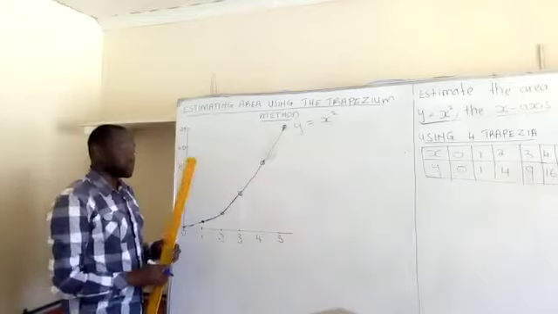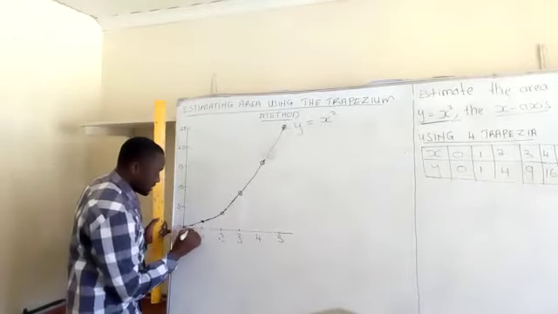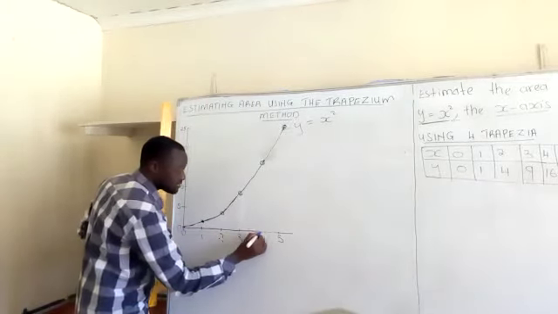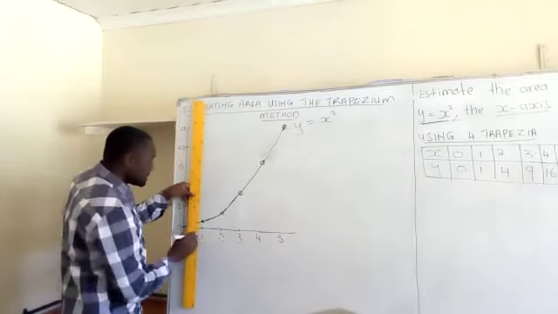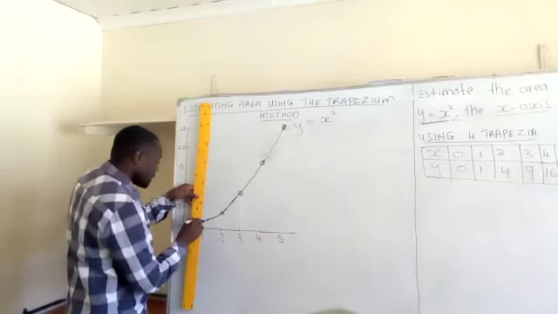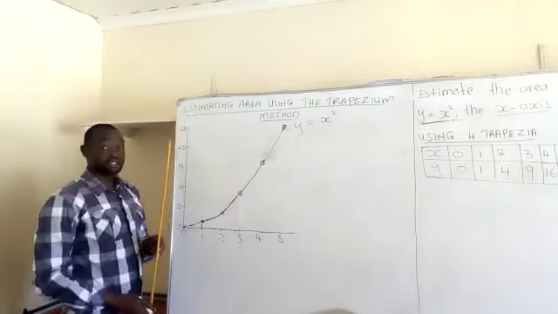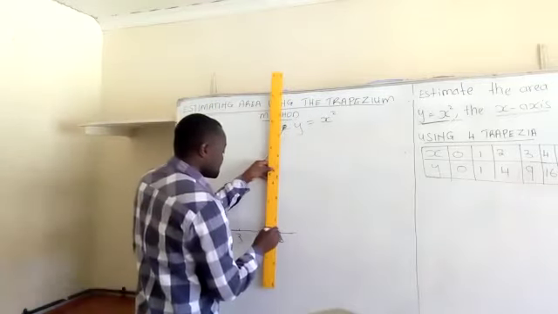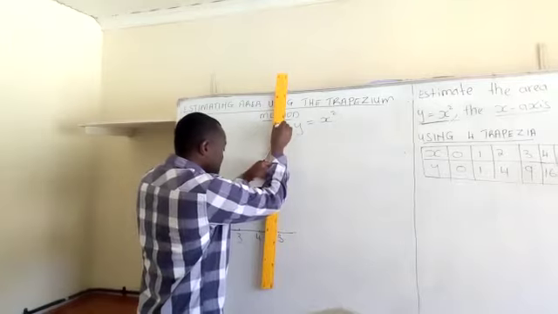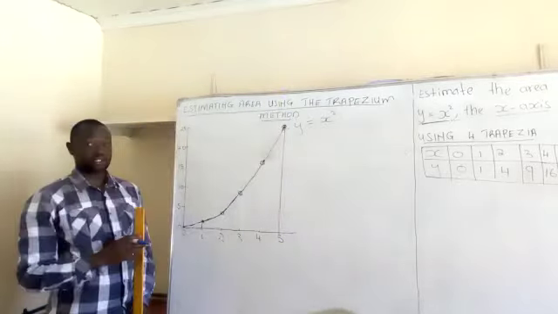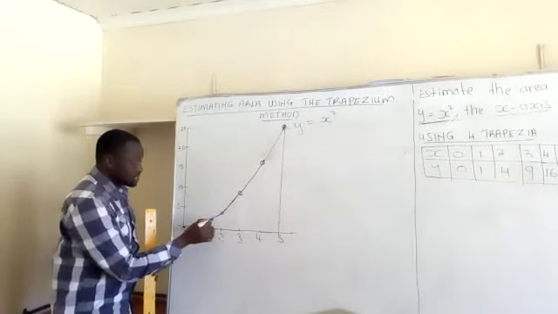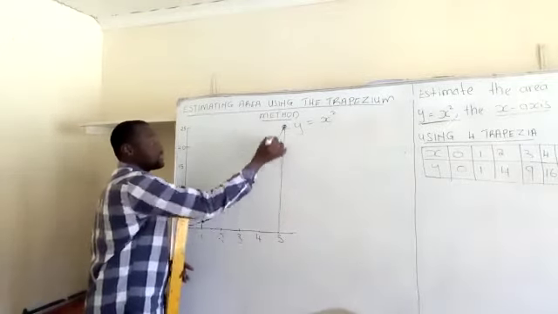That's our first boundary. Then the second boundary is the x-axis. Then the lines x equals 1, that's the line x equals 1. And the line x equals 5, that's the line x equals 5. So this is the area we are interested with.